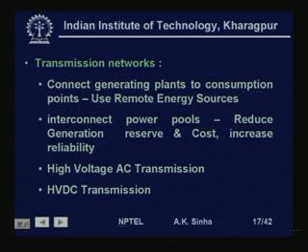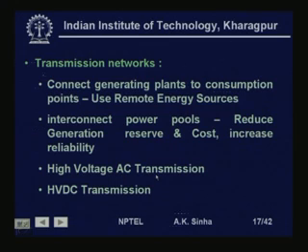So, interstate transmission was used, and this we call as interconnecting of power pools. Two power pools are interconnected. When one is in deficit, another one has some power to share, it can share it through the transmission system. This is generally done to reduce generation reserve as well as cost and increase the reliability of the system. We will talk some of these later.